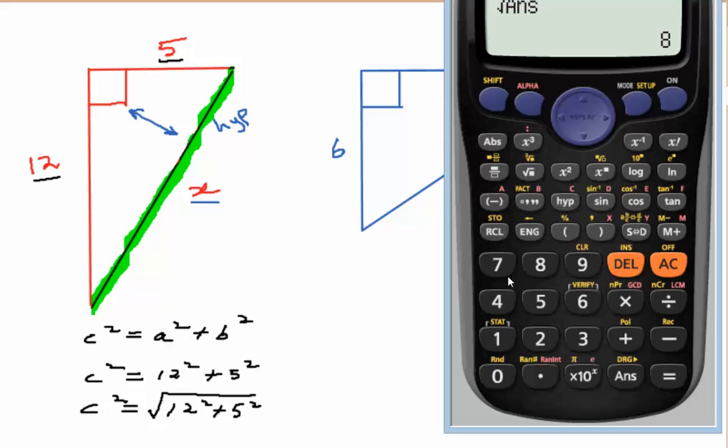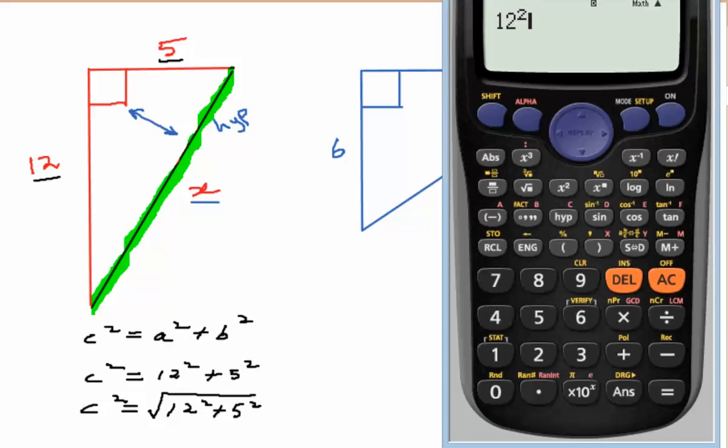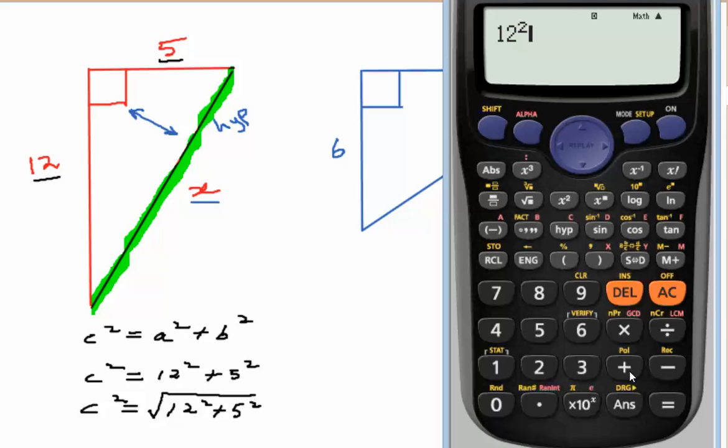I'm going to fit it in, so I'll just type in 12 squared plus 5 squared, that's 169, and then we just go square root of the answer, we get 13. Alternatively, you could have hit the square root to start with, gone 12 squared plus 5 squared, and you get 13.